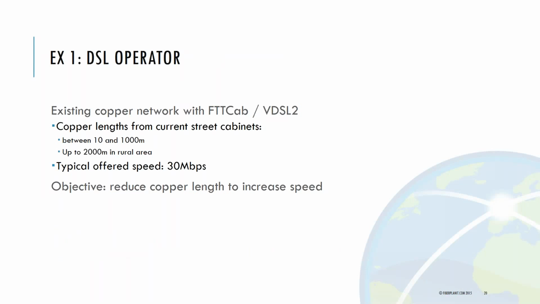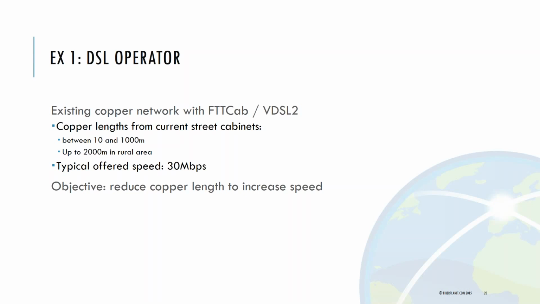As an example, again, case by case can be very different, but let's assume in this case the typical copper lengths from the street cabinets that remain are between 10 and 1,000 meters and can be in rural areas 2,000 or maybe even more. Now, a typical offered speed with this technology, considering distances up to 800 or 1,000 meters, will be around 30 megabits per second.